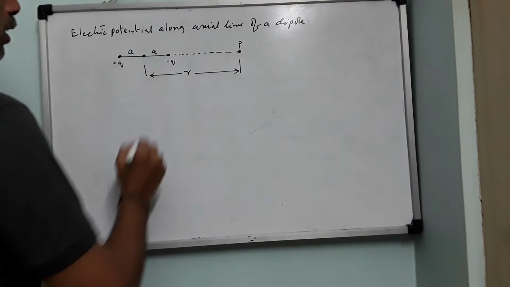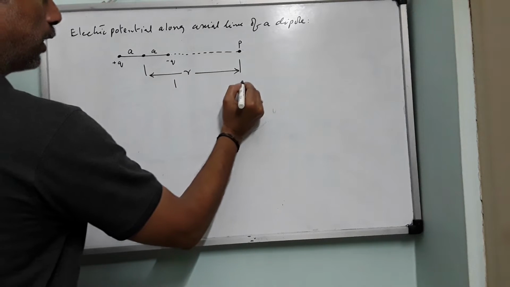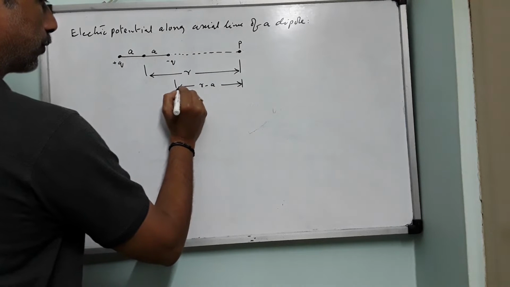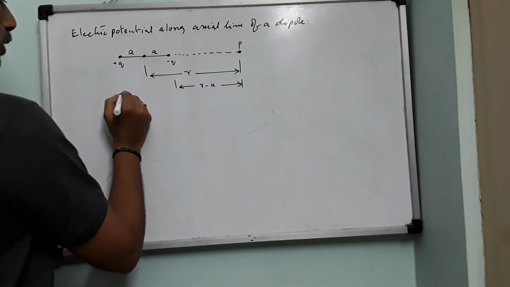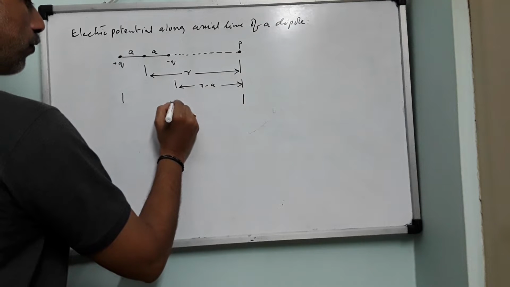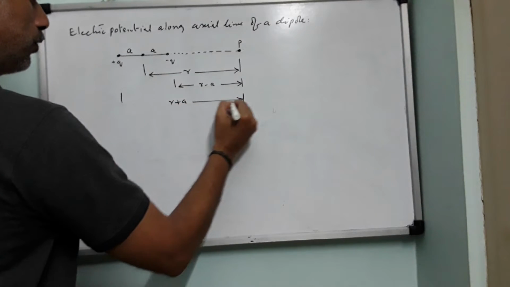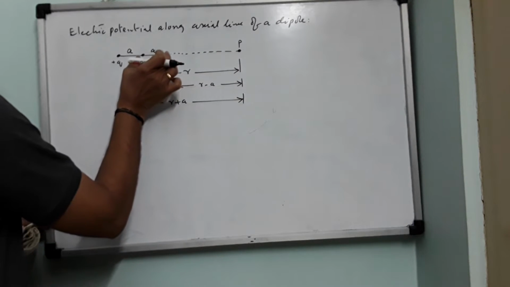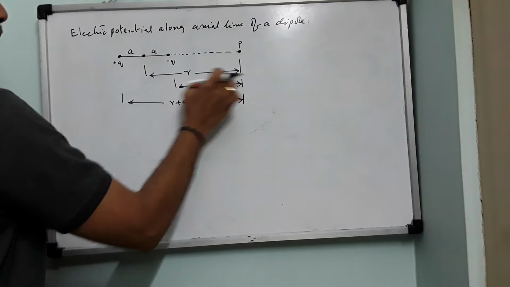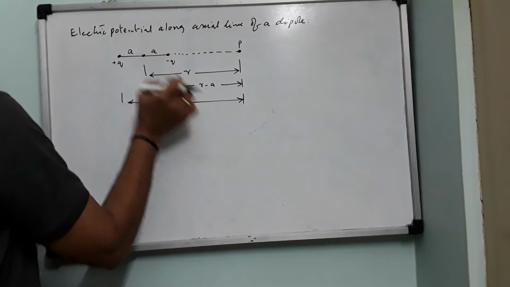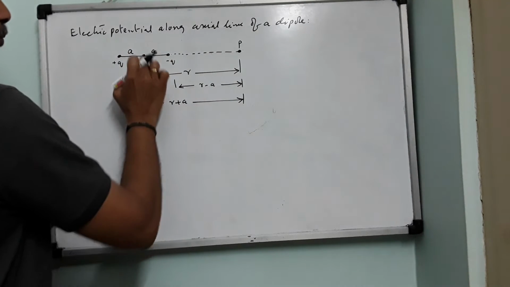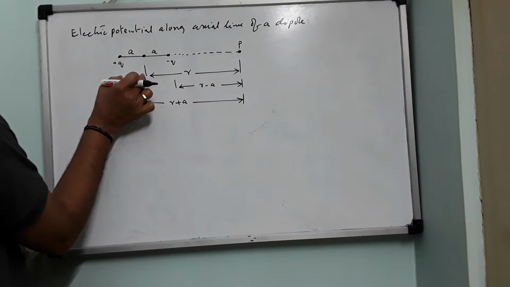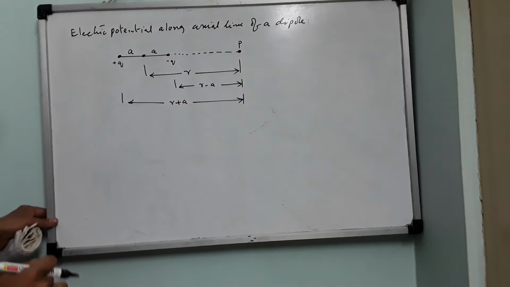Then minus Q is located at a distance of R minus A from point P, and plus Q will be located at a distance of R plus A. You can make this out from the figure, because this total distance is R and this is A. If you want this distance, from the total distance you should subtract this, that is R minus A. And up to here you have A, so to R you have to add this much, that is R plus A.